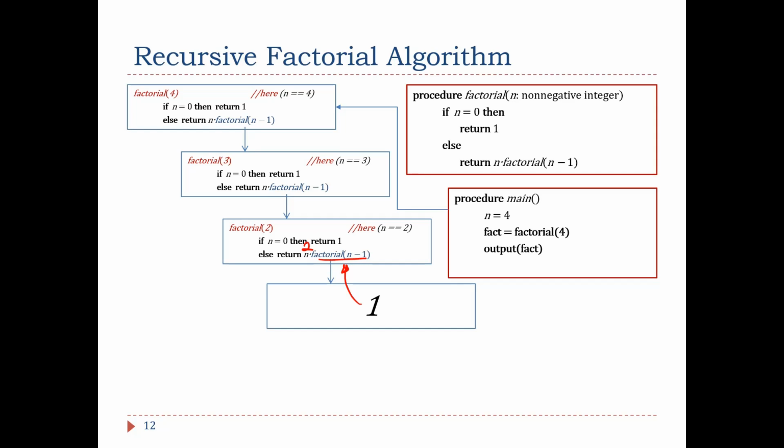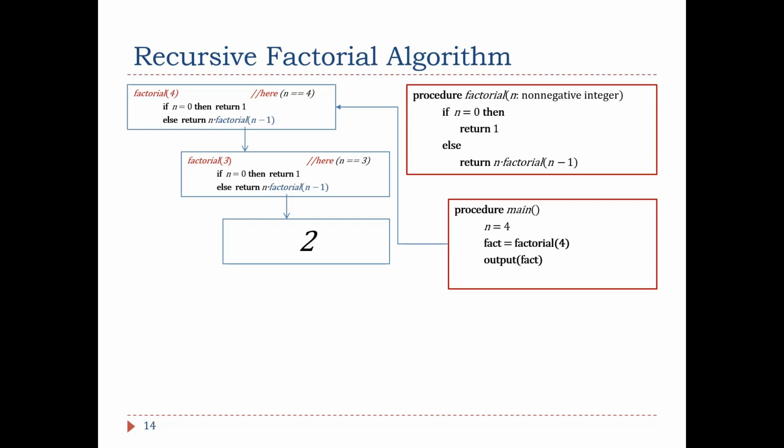So we had 2 loaded in n. Now this instance of the function execution can return 2 multiplied by 1. So this returns 2 here. And this will fill in the value of n minus 1 in the caller, which has 3 loaded in n at that chunk of the memory.